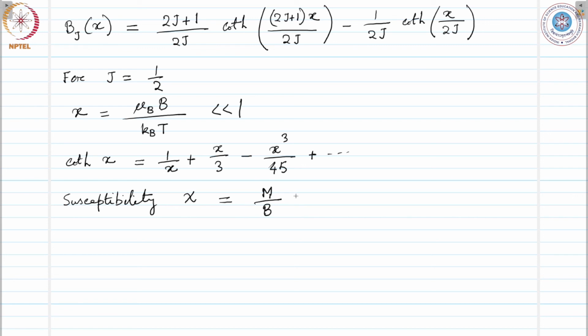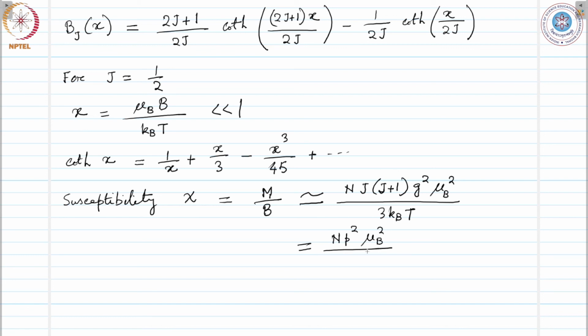This quantity can be expressed approximately as N J (J plus 1) g squared mu B squared over 3 kB T, which is N p squared mu B squared over 3 kB T.